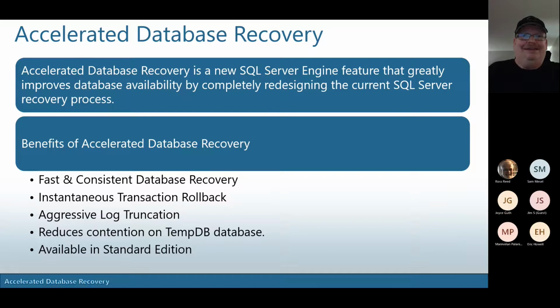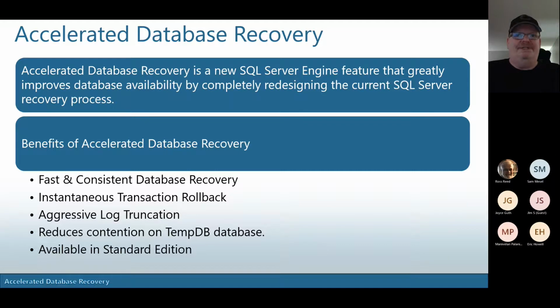And wait, there's more. It also reduces contention on your TempDB database. Wait, what? Yes, TempDB database. The TempDB database has row versioning for all your other databases on your instance. It also has all your table variables, temp tables, any temporary objects you're creating. That's all being stored in the TempDB database.